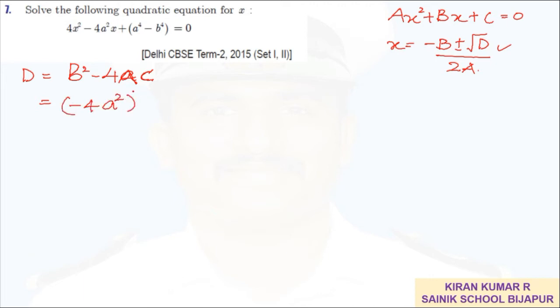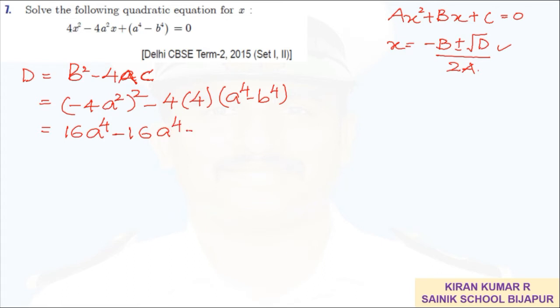It should be whole squared minus 4 times the a value, which is 4, and the c value, which is a to the power 4 minus b to the power 4. For the simplification, this becomes 16a raised to the power 4. This will be 16 times, so -16a raised to the power 4, minus of minus becomes +16b raised to the power 4.